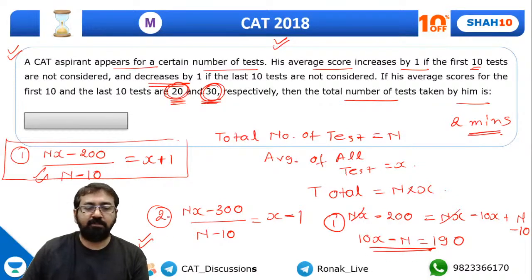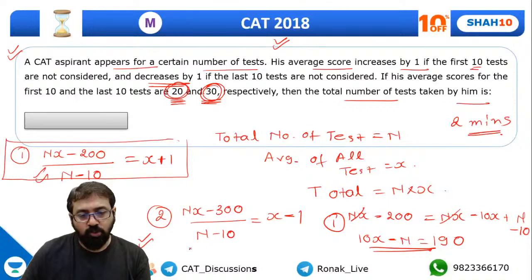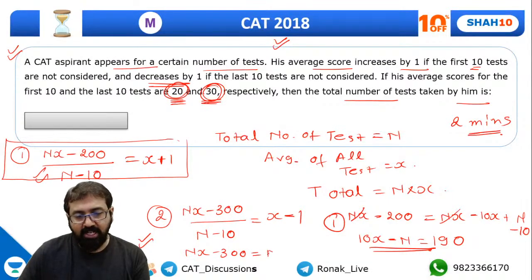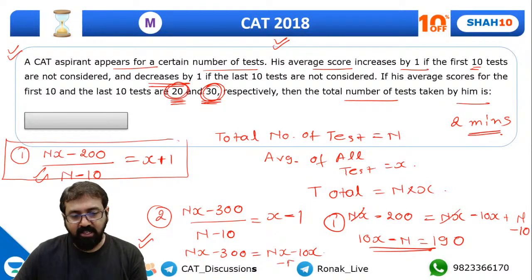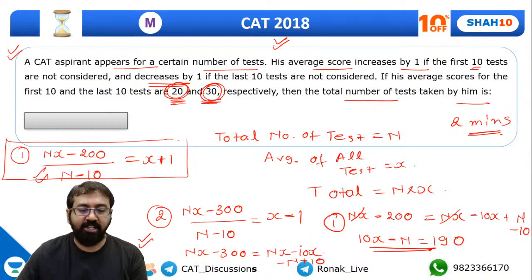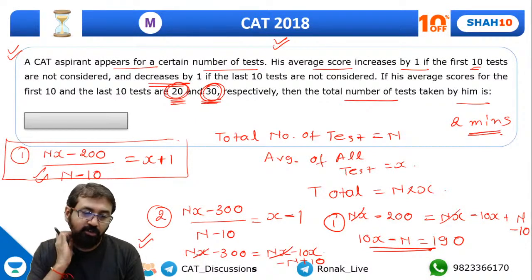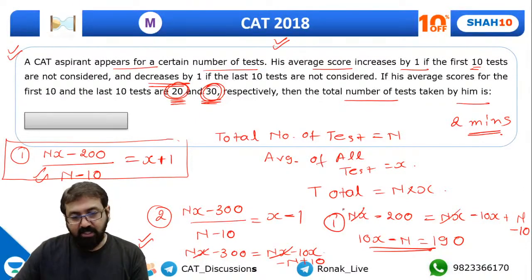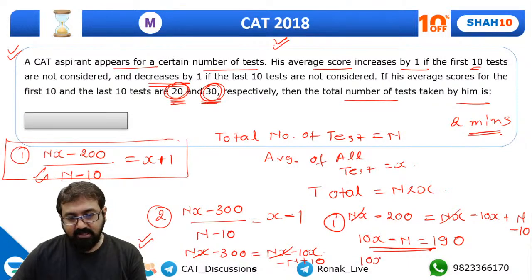Same way, if you solve the second one, nx minus 300 is equal to nx minus 10x minus n plus 10. As nx cancels off, you will get 10x plus n is equal to 310.